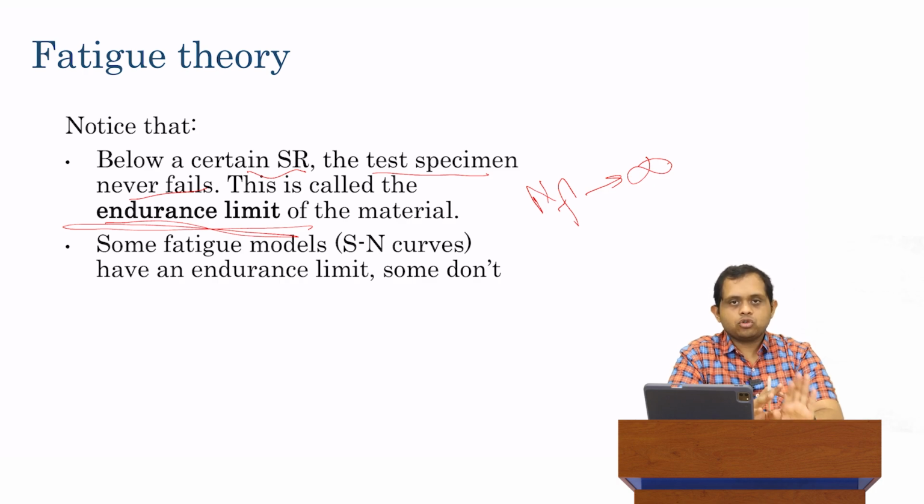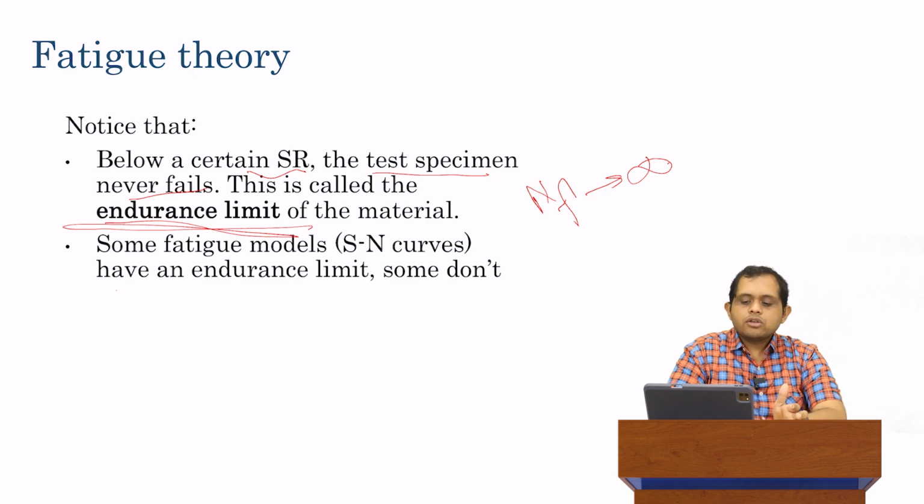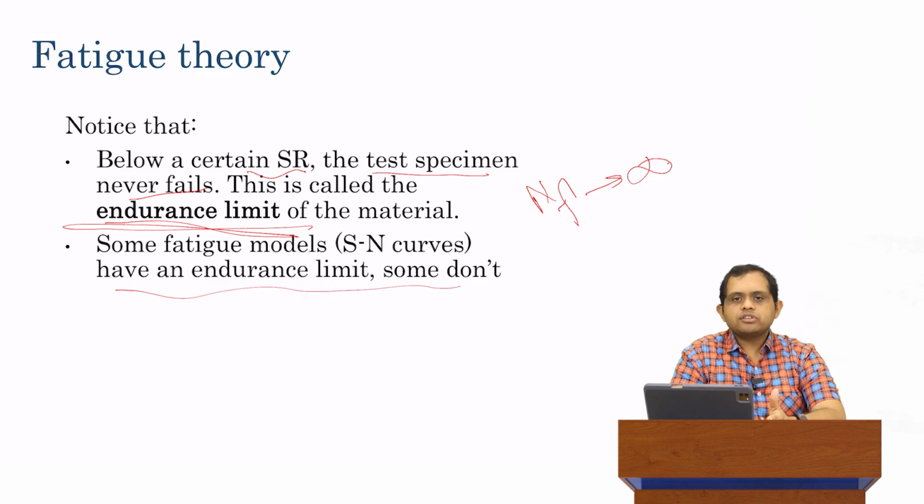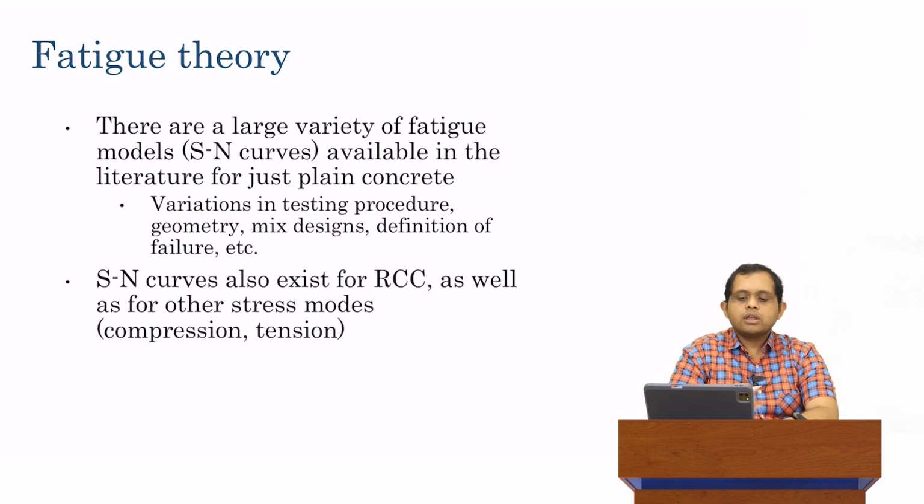So don't think endurance limit is a universal concept. Just because the design standards in some countries, including ours, use endurance limit, it doesn't mean that all fatigue theories allow the concept of an endurance limit. So some fatigue models have an endurance limit, some don't. If you're using a fatigue model which has an endurance limit, your calculations change. If you're using one which doesn't have an endurance limit, your calculations change. And we'll look at several fatigue models a couple of slides from now.